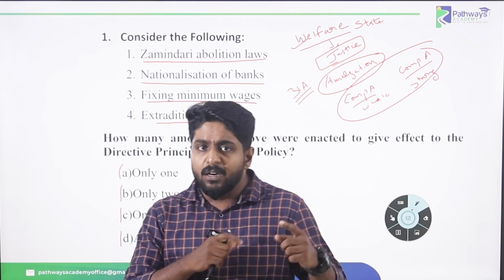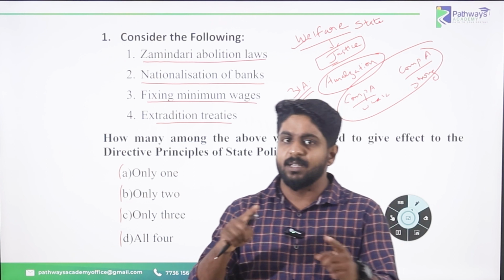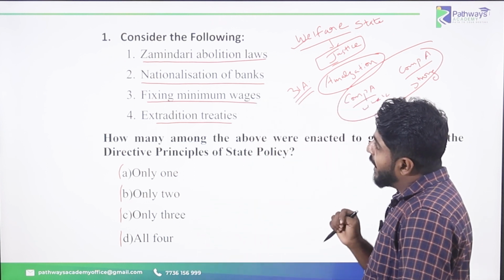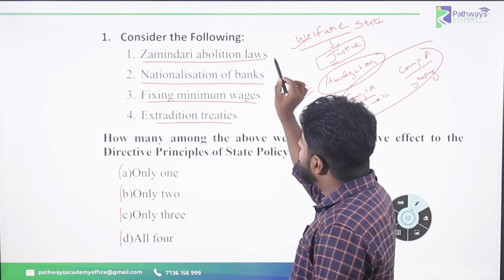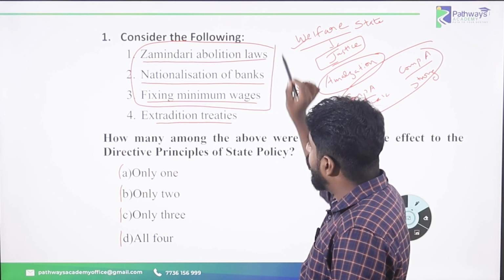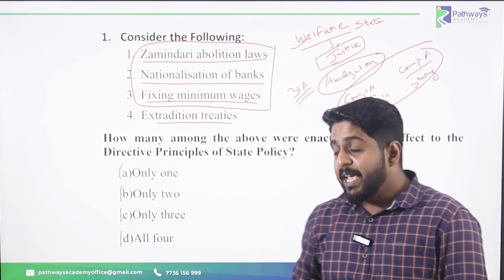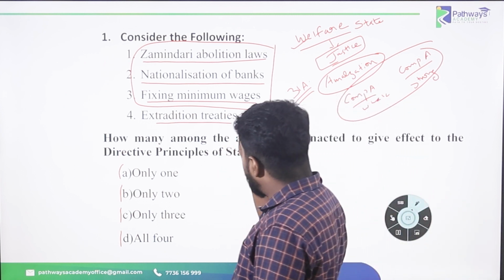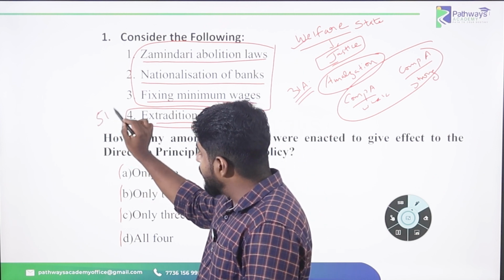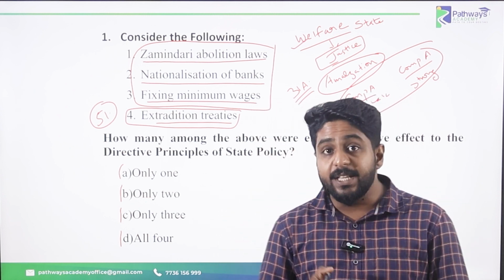And extradition treaties. Extradition treaties means transfer of those accused from one country to another. So it is something in relation to international treaties. Now you may say that predominantly only these three laws have a connection directly to the directive principle of state policy. Extradition treaties can also be linked to article number 51, that is for the promotion of international peace and stability.